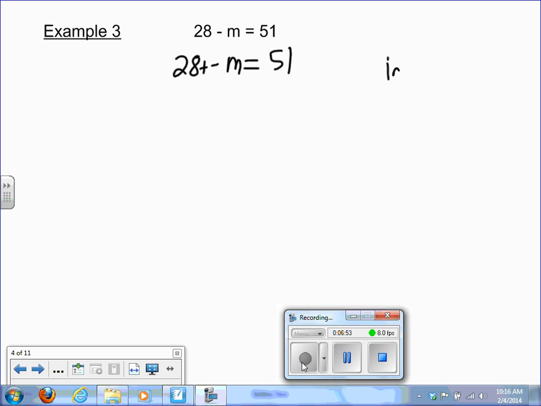What is the invisible coefficient? Negative m. Ugh, that's not a coefficient. What can I put in there to help me out, Kosh? 1. So I could put a 1 in here, and I think you should, because it will help you later when we get to the end.